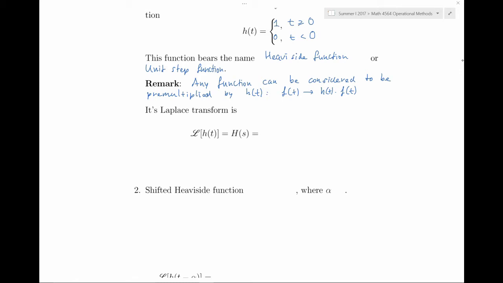So what's the Laplace transform of h of t? Well, since we haven't built up the table, here we have to do the integral. That's going to be the integral from 0 to infinity of h of t times e to the minus st dt. Since h of t is always 1 for t greater than or equal to 0, this is basically the integral from 0 to infinity of e to the minus st. These integrals have to be computed as limits.